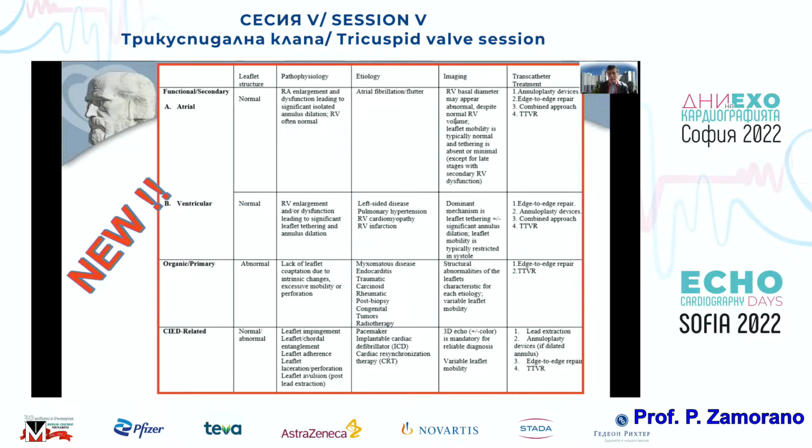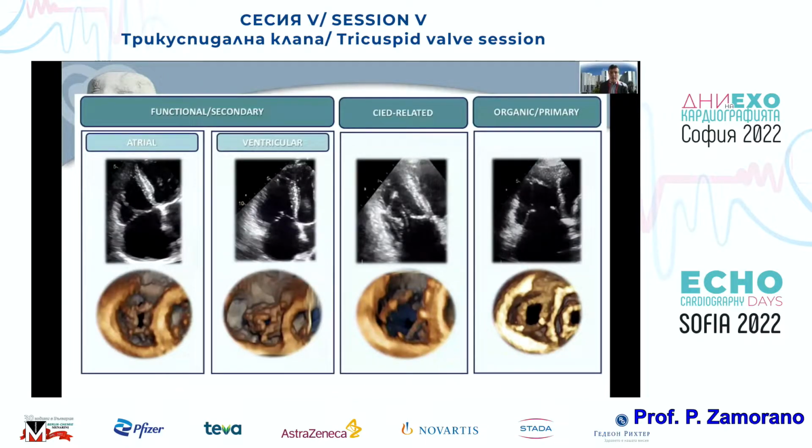And they are absolutely different scenarios. So we need to reclassify, to think about a new, much more modern classification showing atrial TR, ventricular TR, lead-induced TR, or primary organic. And here you can see the different aspects of that. We will see different morphological chambers, different morphological annulus, even morphological differences in the leaflet structure.